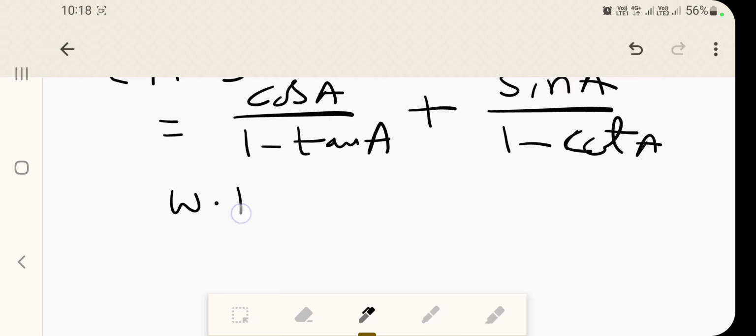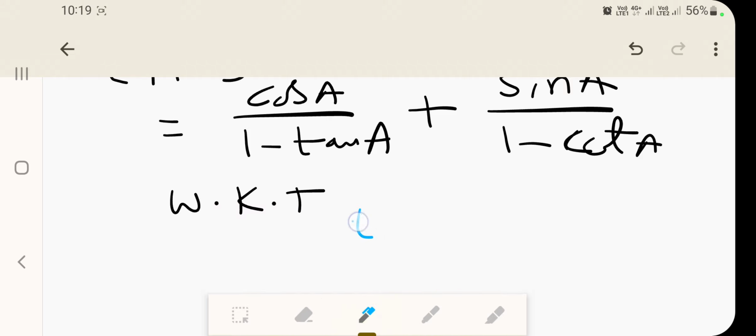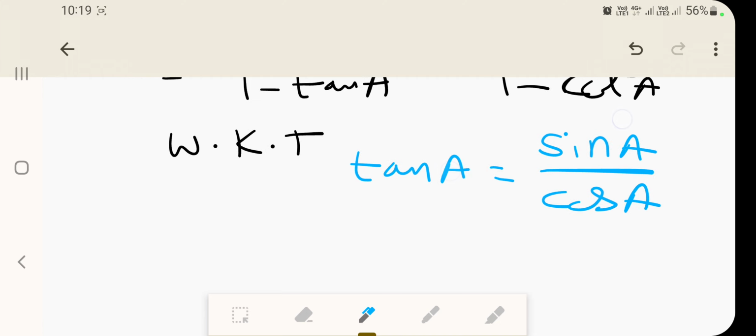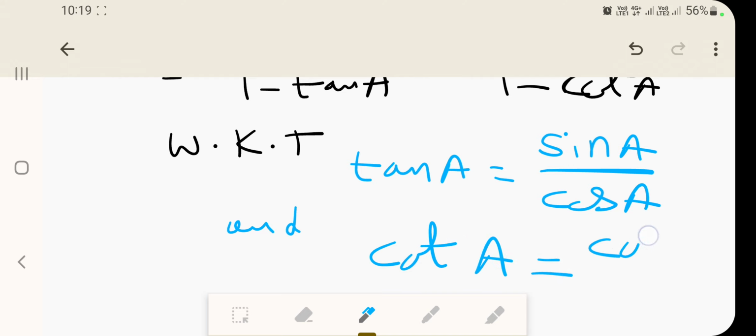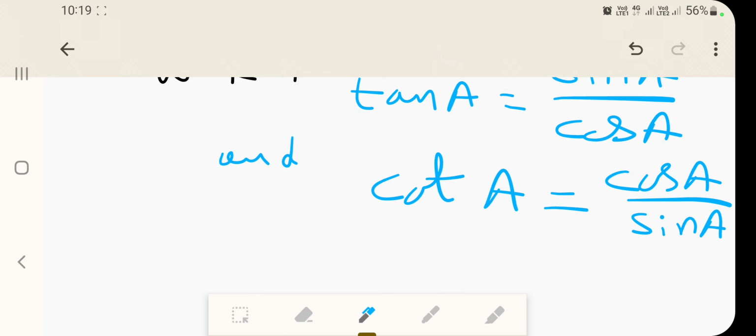And we know that tan A is nothing but sin A divided by cos A, and also we know that cot A is the reciprocal of tan, that is cos A by sin A. So we have to substitute this tan A value here and cot A value in the other term.